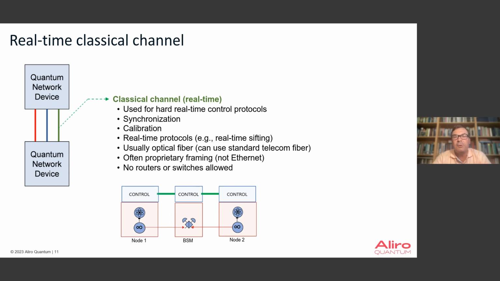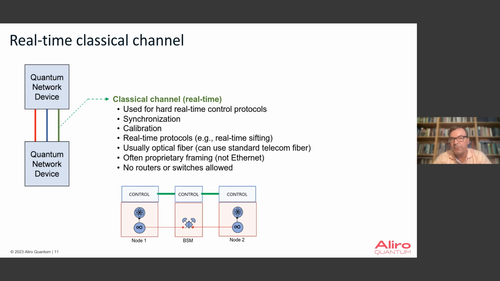This requires an enormous volume of control messages, and they need to be very precisely timed. And for that reason, these real-time control protocols typically do not use TCP or not even Ethernet. Instead, these protocols very often use proprietary framing, and they're typically implemented in custom FPGAs.